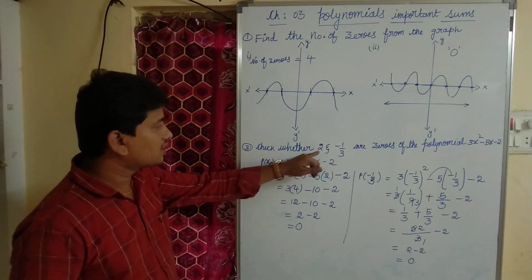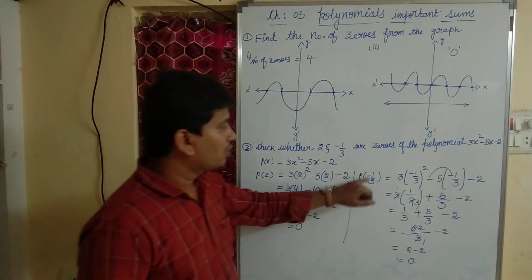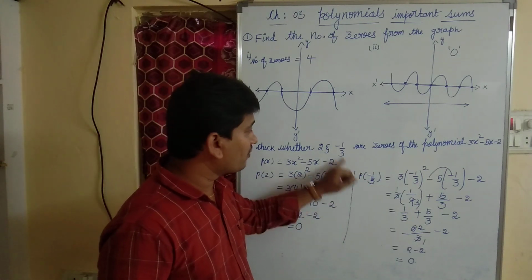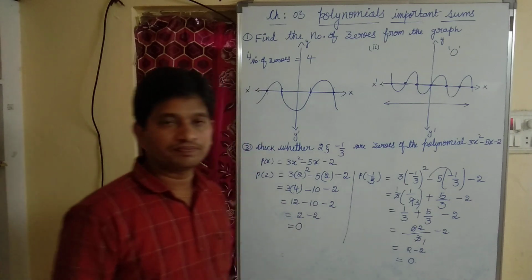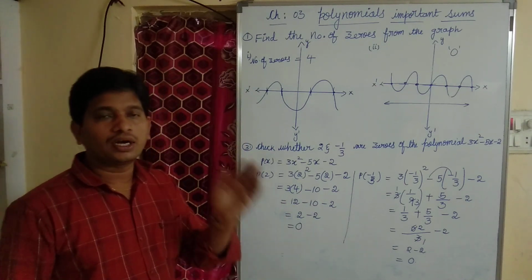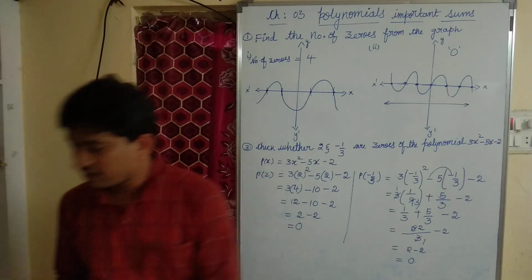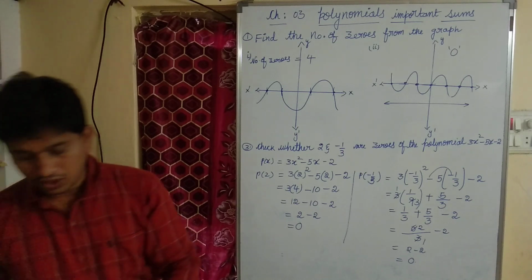See, in both the cases, when we substitute 2 in place of x, we got result 0. When we substitute minus 1 by 3 in place of x, the result is 0. Hence, we can say that 2 and minus 1 by 3 are the zeros of the polynomial 3x squared minus 5x minus 2. Okay.